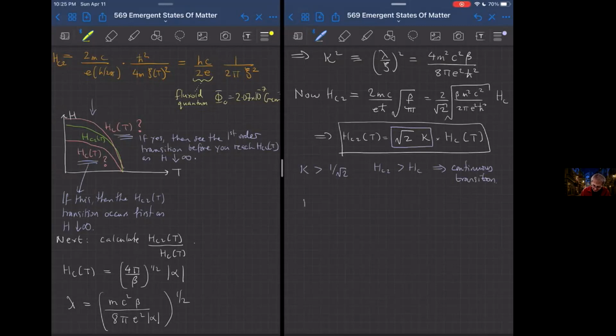On the other hand, if kappa is less than 1 over the square root of 2, then HC2 is less than HC, and that means we have a first order transition.